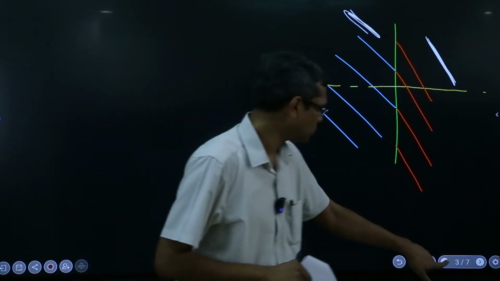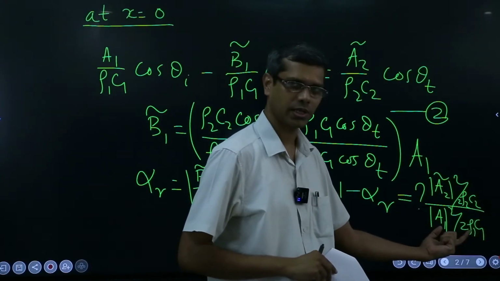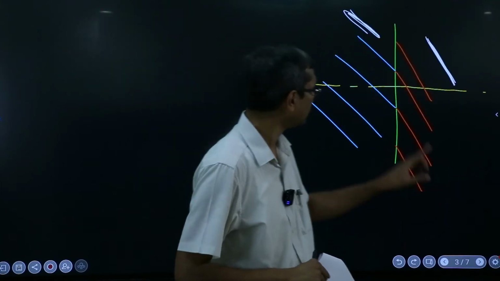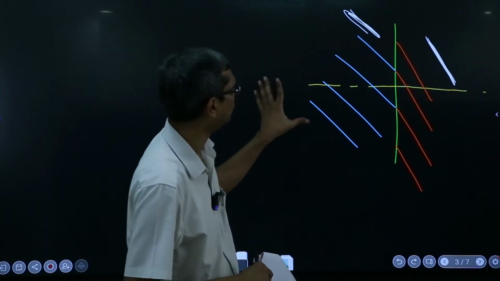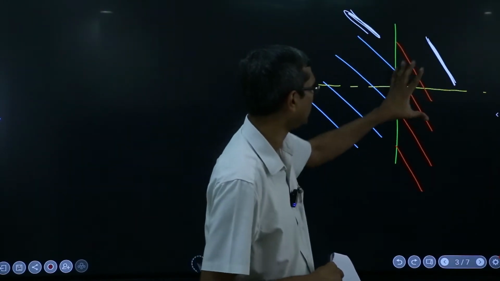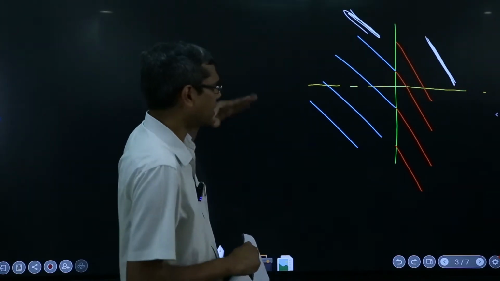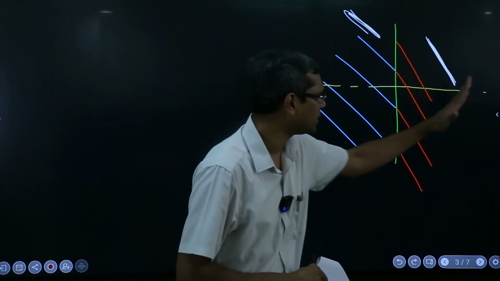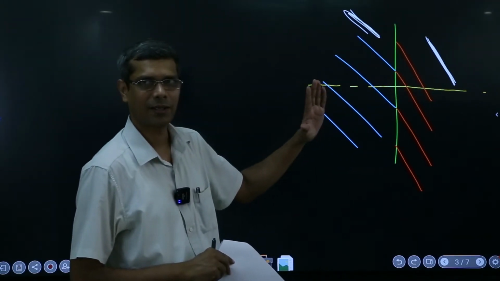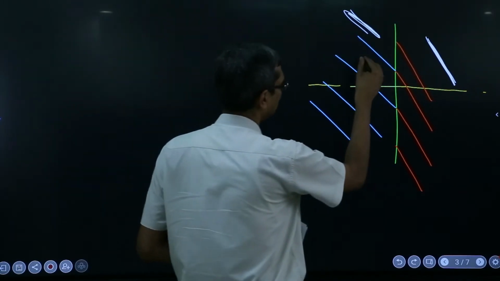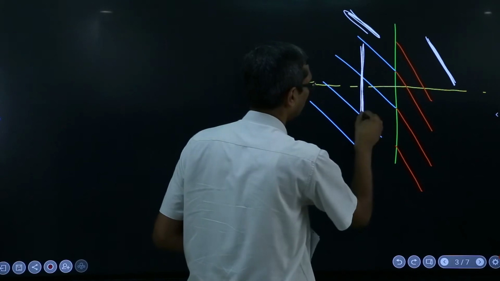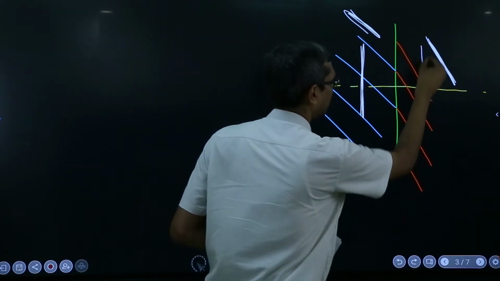So if you use this expression, you are basically comparing the energy which is passing through this area by the energy passing through the same area. But that's not actually the energy transmitted. Energy transmission should be seen in this form, this way to this way.